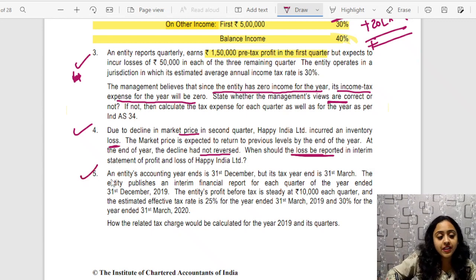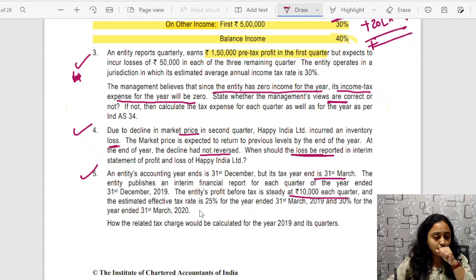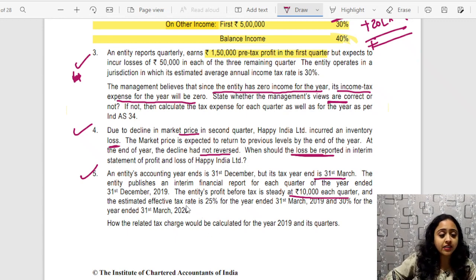Question number 5. An entity's accounting year ends on 31st December, but its tax year ends on 31st March. The entity publishes an interim financial report for each quarter of the year ended 31st December 2019. The entity's profit before tax is 10,000 for each quarter, and the estimated effective tax rate is 25%. 10,000 each quarter is its profit, and 25% is the tax rate.